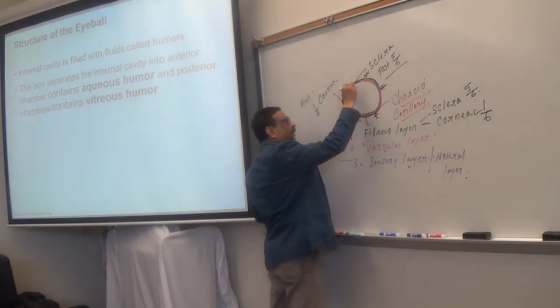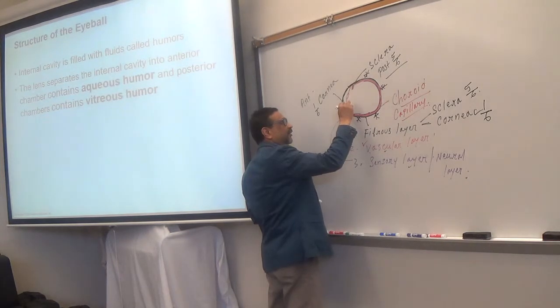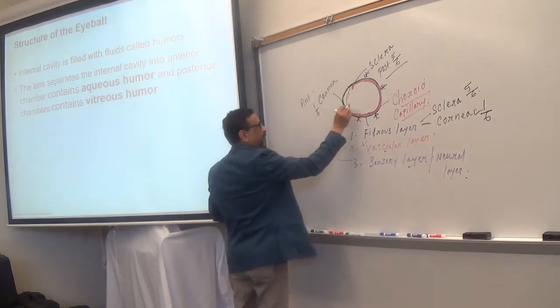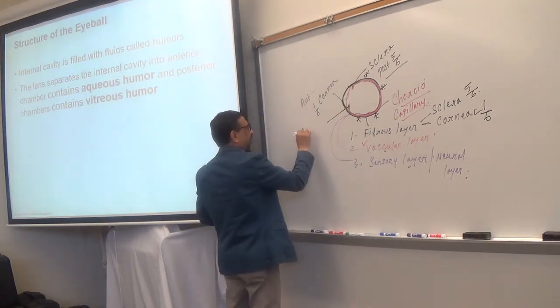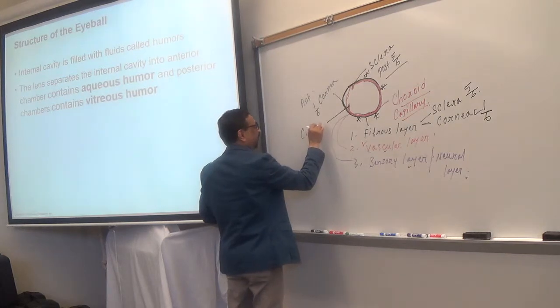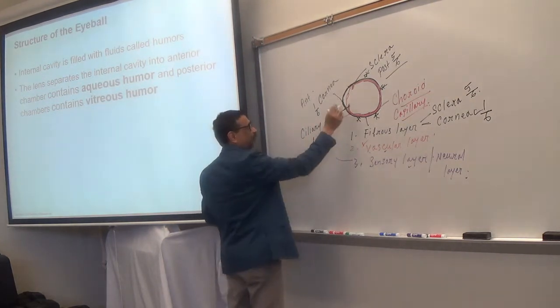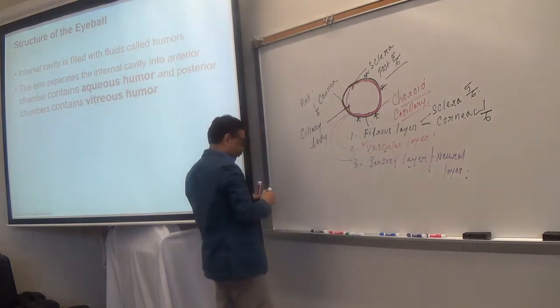Now you see the front part of the middle layer. Front part forms a number of structures. This structure here, I have shown here, ciliary body. Okay? So, ciliary body.